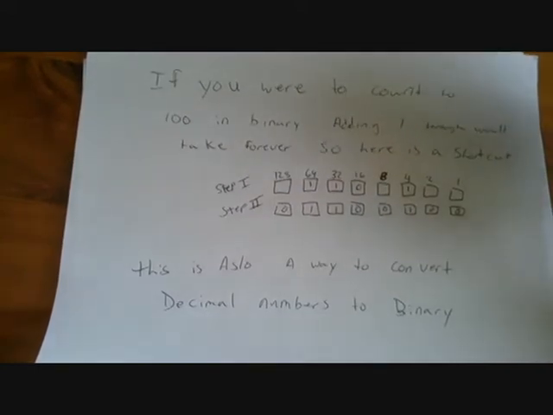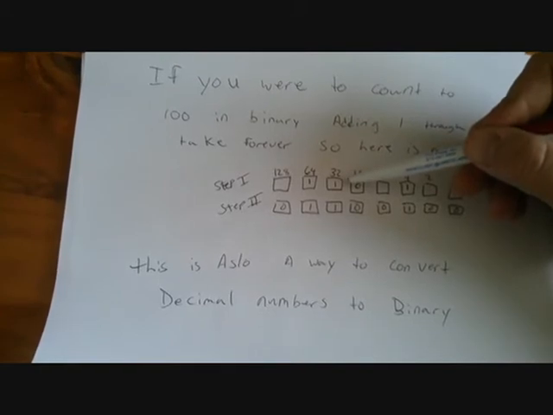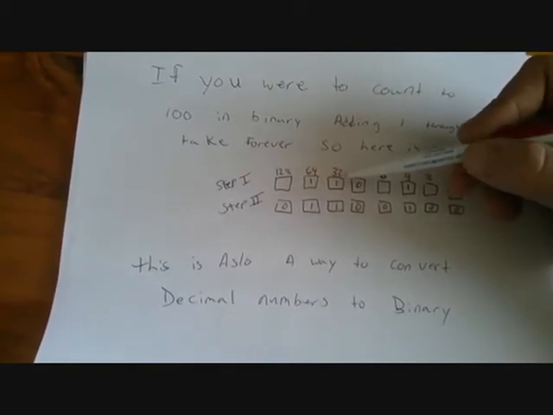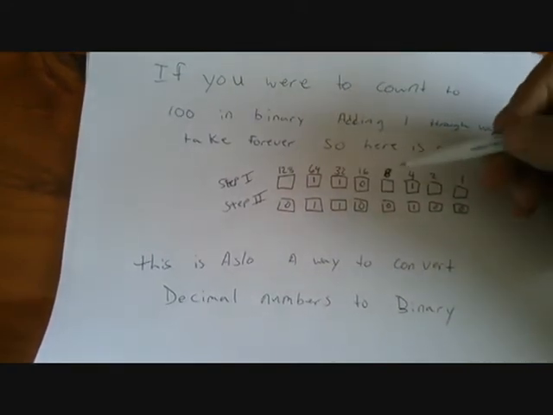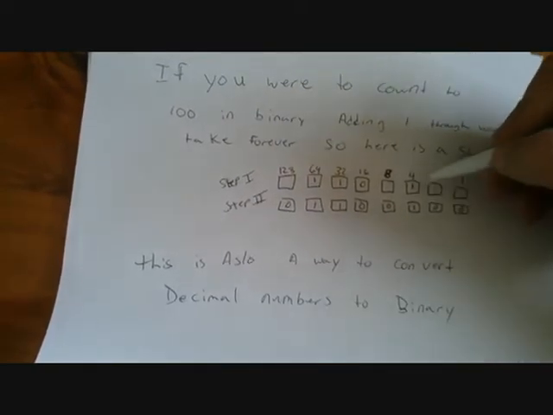Then I ask, what is the largest number in my place value system that is less than 36? That's going to be 32. So I put a 1 here and a 1 there. Then I have 4 left, and I know I have a fours column, so I put a 1 there.